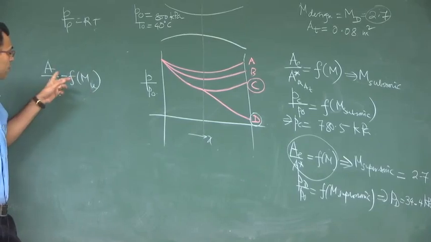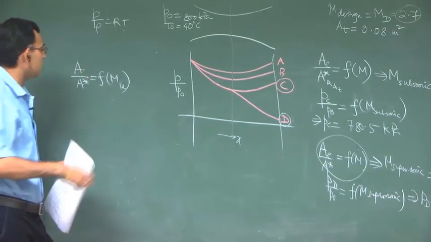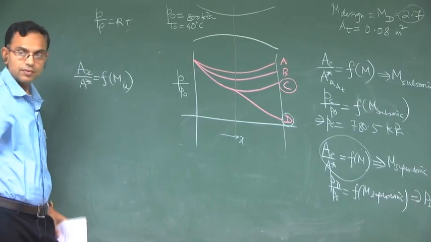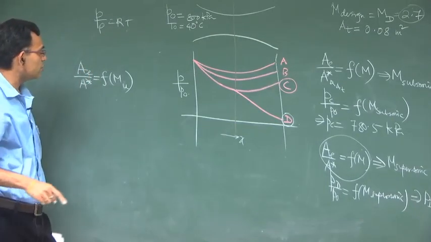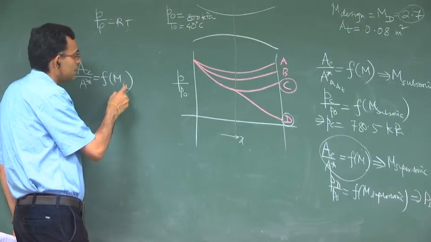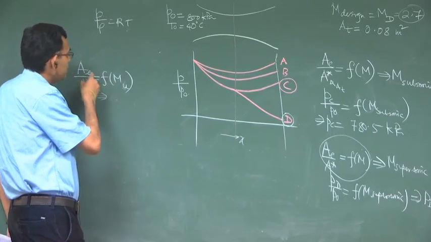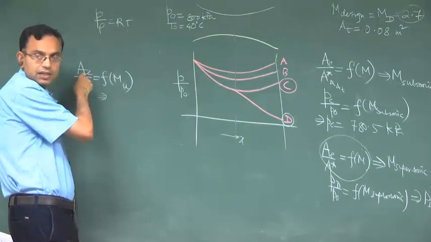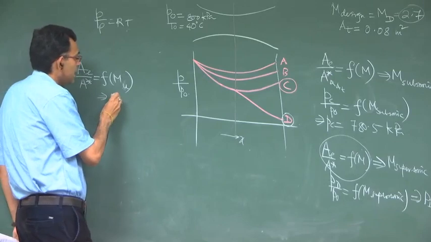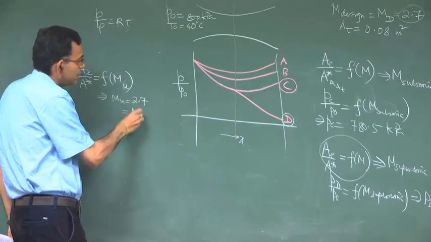So, till just before the shock you have this A as A E, A star is area at the throat and function of Mach number at the upstream, and in fact from this relationship only we calculated what is AE. So, this Mu is 2.7. So, let us call this as m1.